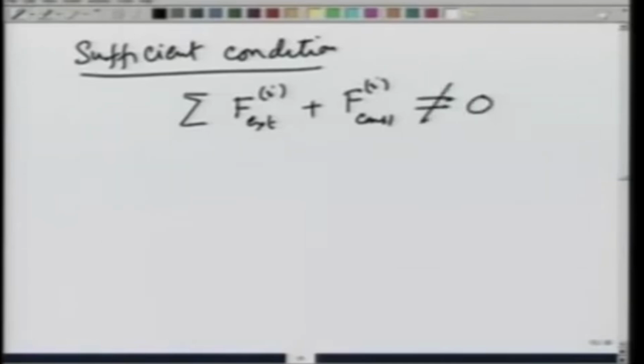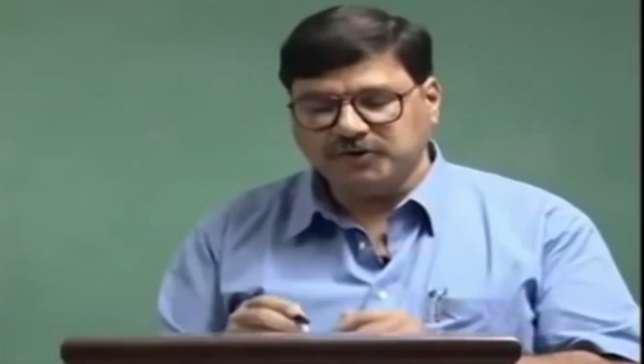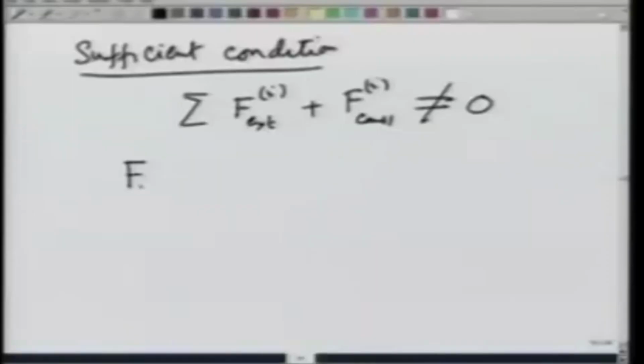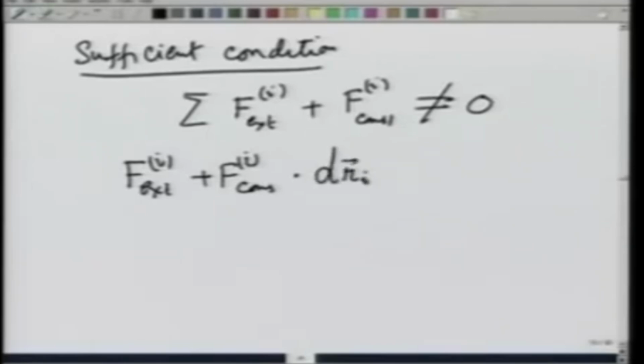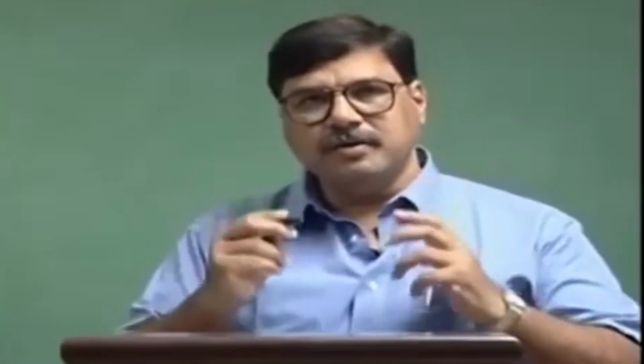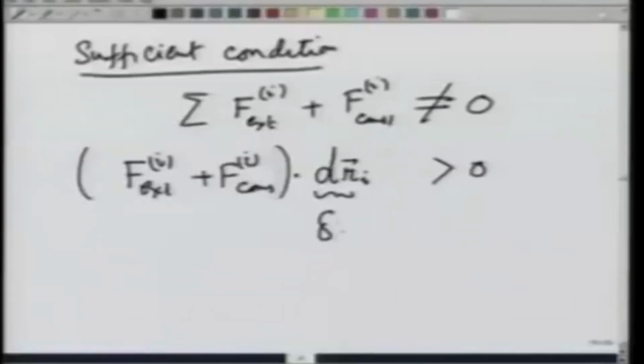If they do not vanish, then each particle would tend to move in the direction along which this force is, and therefore F external i plus F constraint i dot, to distinguish from virtual displacement, I am writing this as dRi, for each particle would be greater than 0. It is greater than 0 because the force would make the particle move in the same direction as the net force. However, now in virtual work I can imagine the system being displaced virtually by delta Ri.